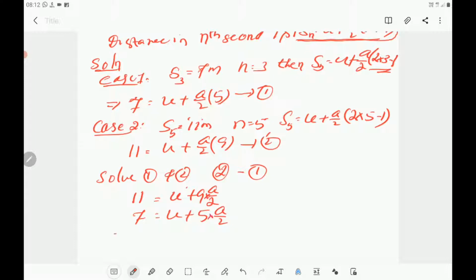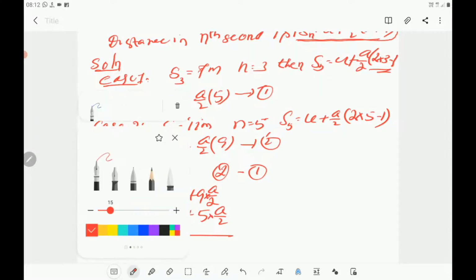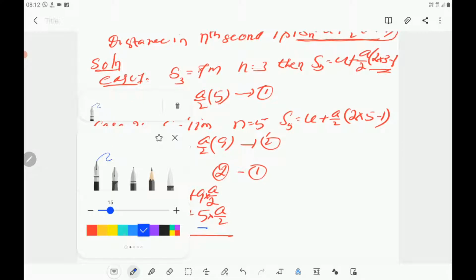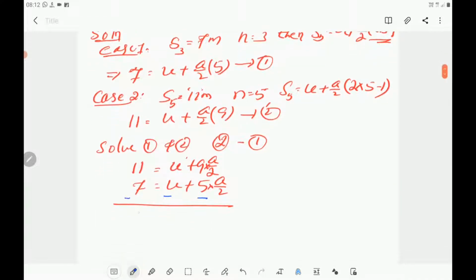You are subtracting, right? What do you do for subtraction? You just change the sign, minus. Change the sign. I'll continue here. What is 11 minus 7? 4 equals, here u cancels, 9 minus 5, 4 into a by 2.